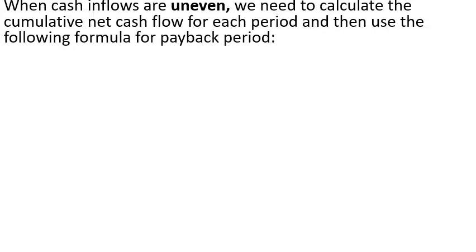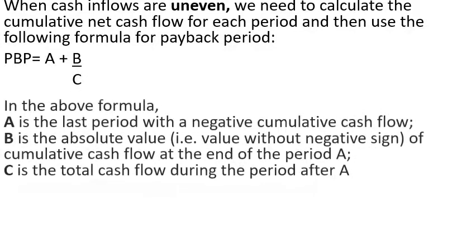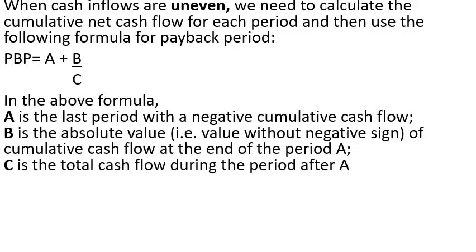When the cash inflows are uneven, or not the same, we need to calculate the cumulative net cash flow for each period, and then we use the following formula for the payback period. PBP is equal to A plus B over C, where A is the last period with a negative cumulative cash flow.